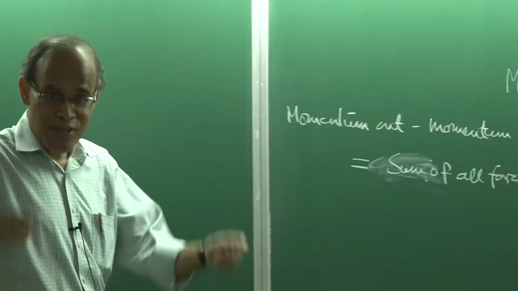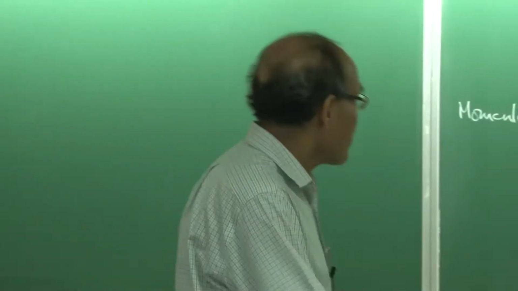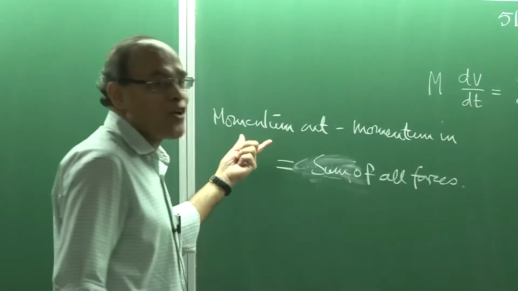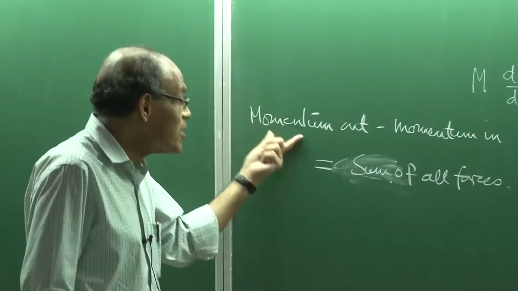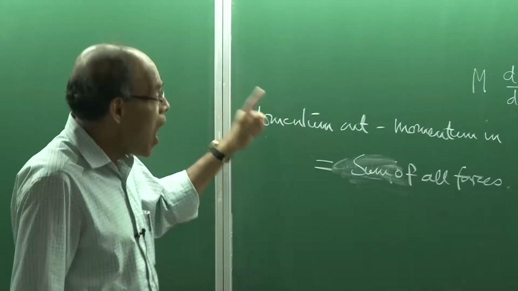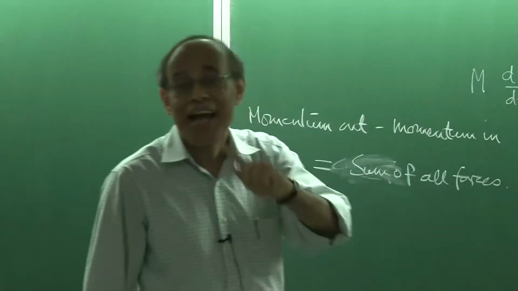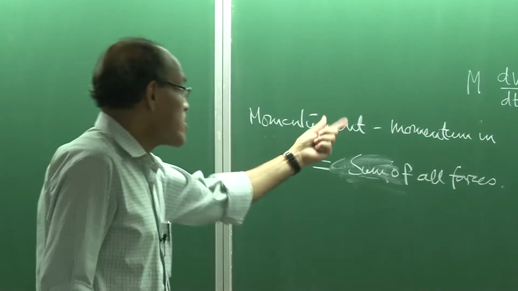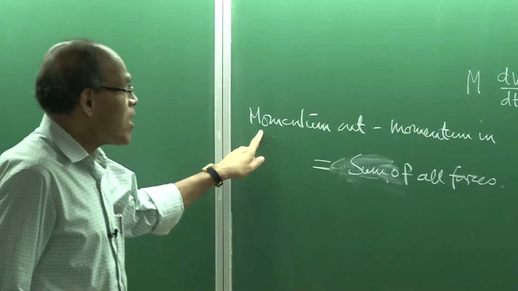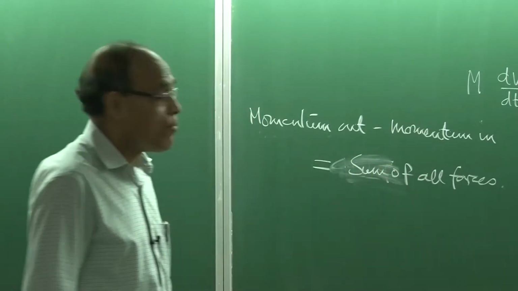Since all of you have some exposure to either heat transfer or fluid flow at your undergraduate level, I may not sometimes write very explicitly. I wrote momentum out, but this essentially means rate of momentum out from the control volume. I will not spell it out, and I expect that you will understand even by writing these simplified forms. So, momentum out minus momentum in is equal to the sum of all the forces.